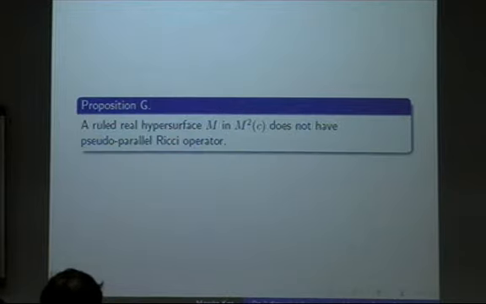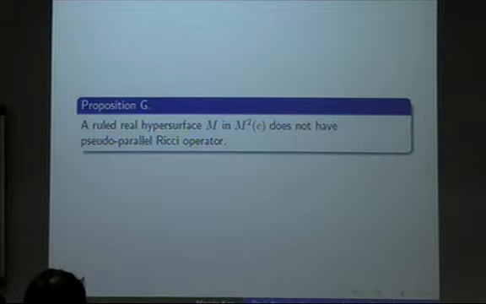And by straightforward computation, we can easily see that a ruled real hypersurface M in M2(C) does not have pseudo-parallel Ricci operator. A ruled real hypersurface is an example which is not a Hopf hypersurface.